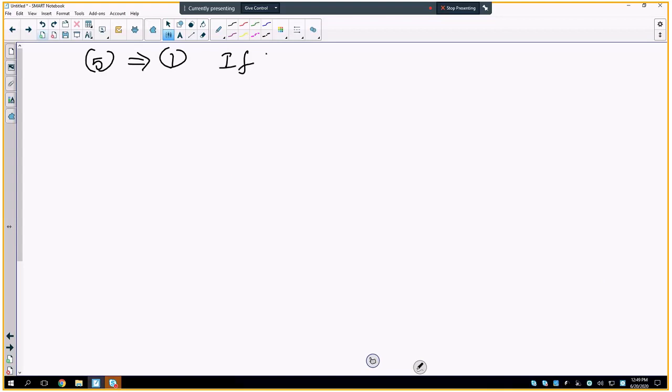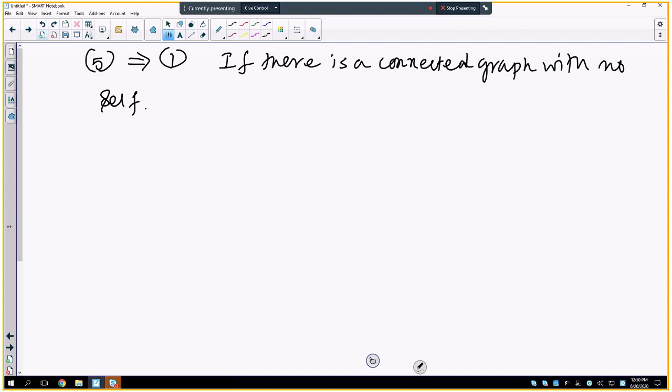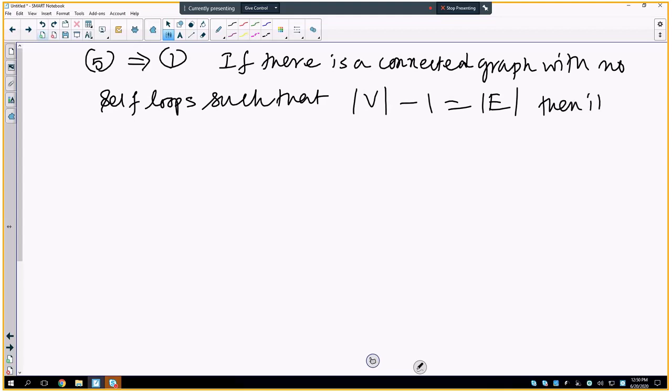So what are we trying to show? If there is a connected graph with no self loops, such that the number of vertices minus 1 is the number of edges, then it is a tree.